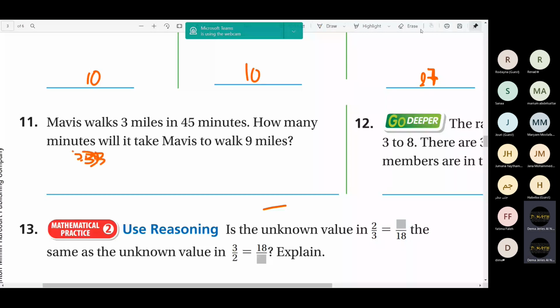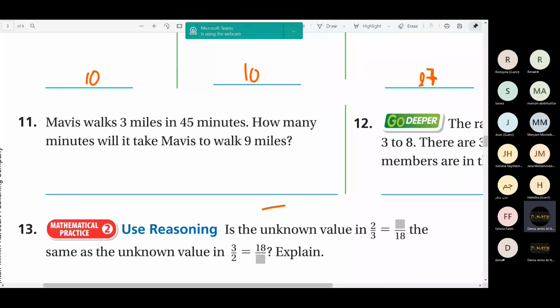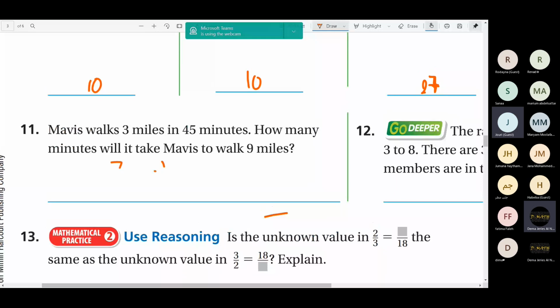Anyone, please? Okay, so 3 miles in 45 minutes.